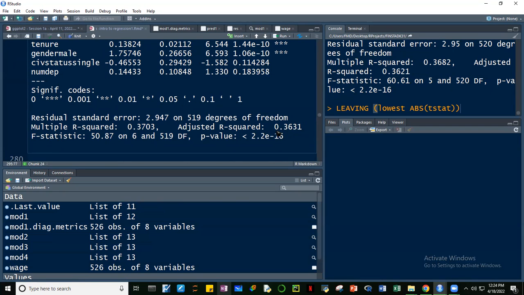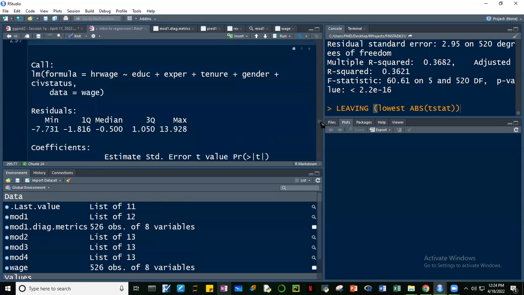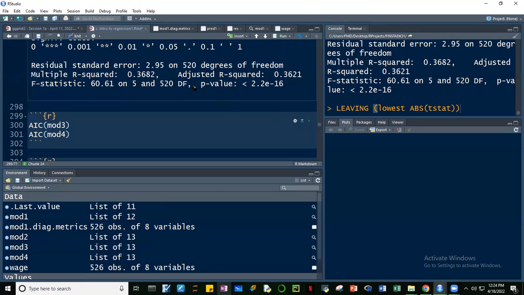So, also guys, take note, 37.03 tsaka 36.82, always the model with the larger number of independent variables will always have the higher multiple R squared. But we don't base it on the multiple R squared. We base it on the adjusted R squared.